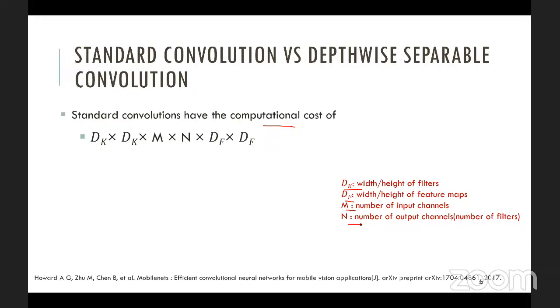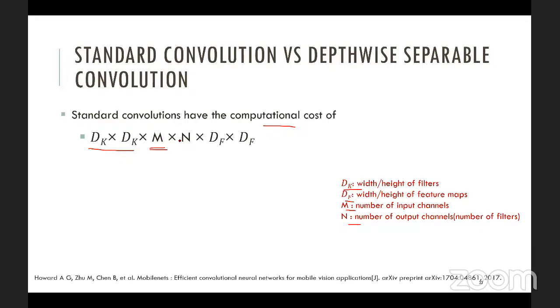Let us say you are having your 3x3 filter. So how many multiplications are there? 3x3, so these many multiplications. Now there are m channels, so in each channel, you are going to perform these many multiplications. So 9 multiplications for red, 9 for green, 9 for blue. So total 3x3 cross 3. So here dk cross dk cross m, right?